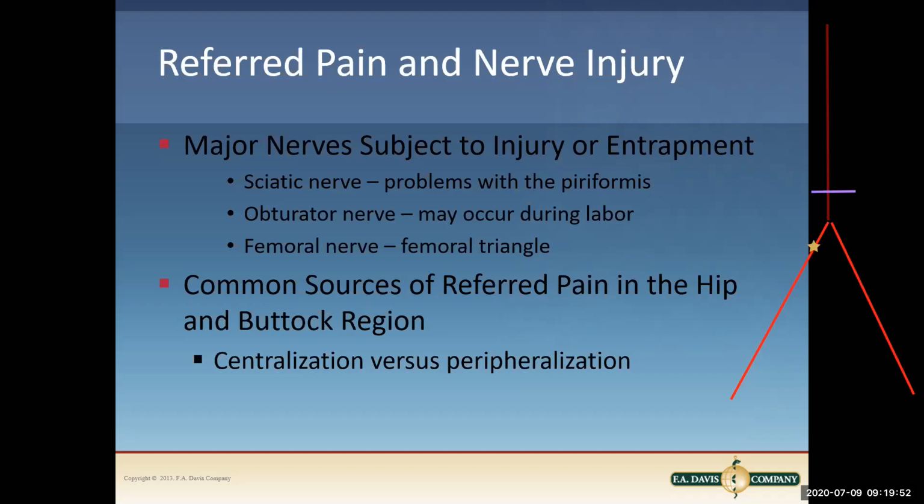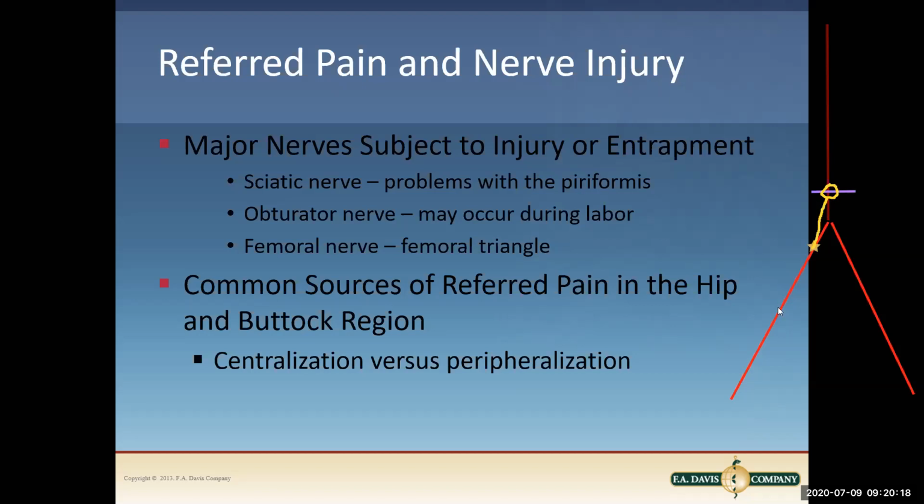That is peripheralization. That is when the pain really, for the most part, or for reality, is up here in the low back. That's where the pain is. But because we've ignored that so much, the pain is peripheralizing down the leg. If we ignore that pain in the butt, what do you think is going to happen to the pain?